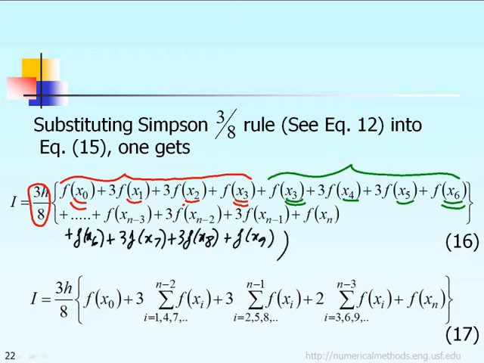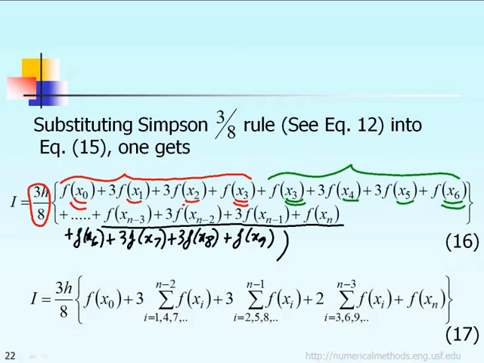Okay, that will be the next one, which in general can be expressed as indicated in this portion right there, shown in black. Now, that means you just apply the Simpson 3/8 rule for each segment.